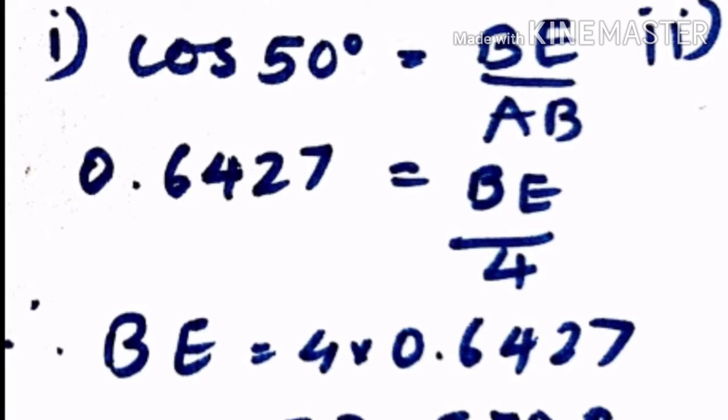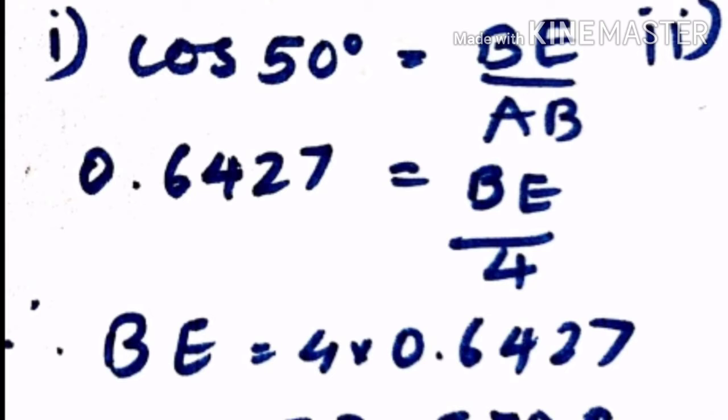Cos 50 degrees we have to check from our trigonometrical table at the back of your textbook. In the natural cosine table, you have to see the 50 degree value, that is 0.6427, equal to BE upon AB, and AB is given as 4, which is placed in the equation.